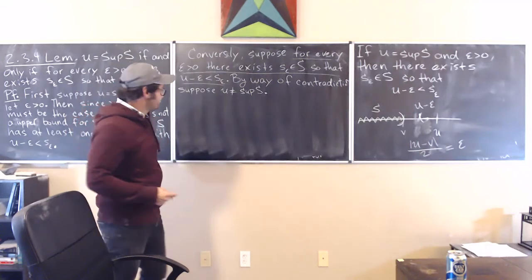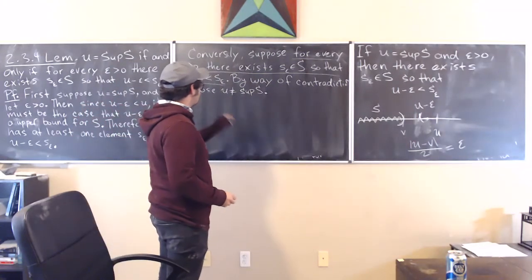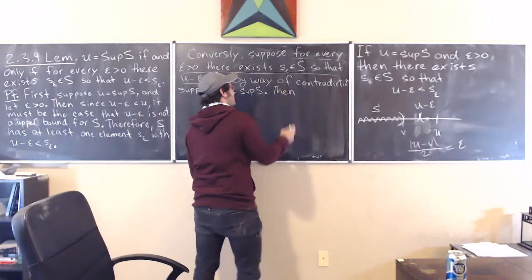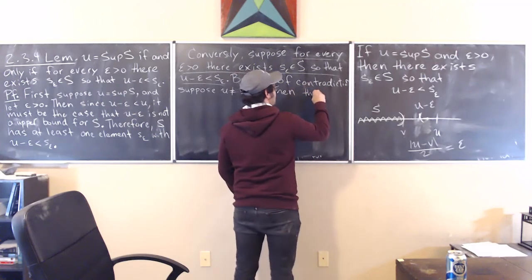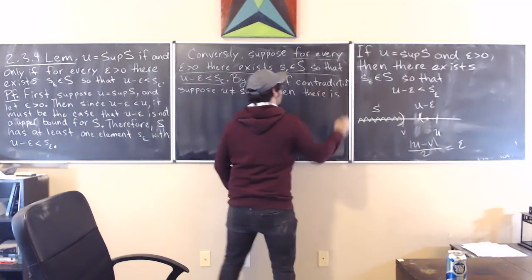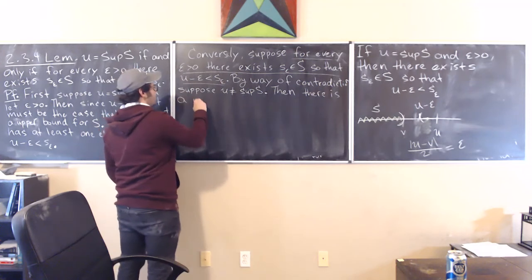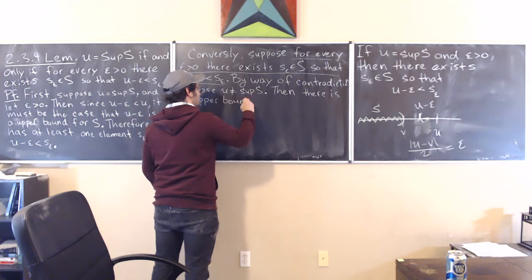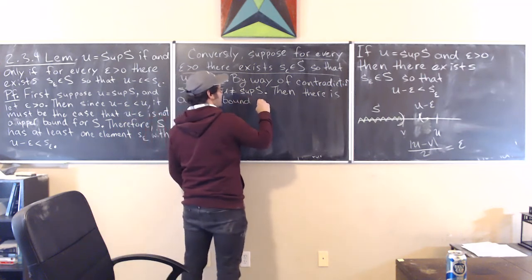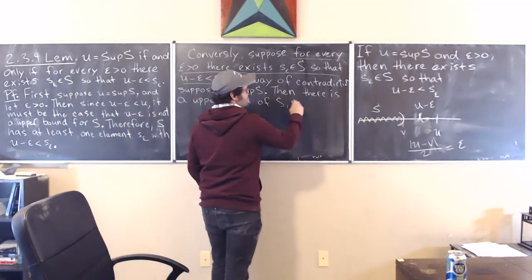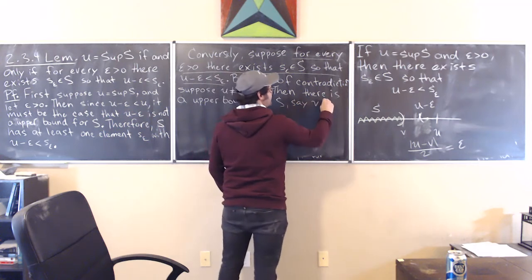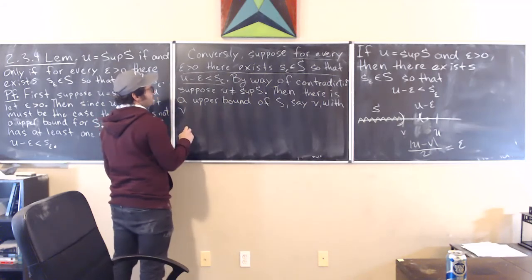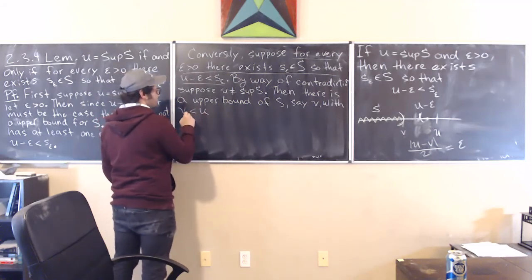So there is some bound. So by way of contradiction, suppose U is not the supremum, then there is an upper bound of S, maybe call it V, with V strictly less than U.